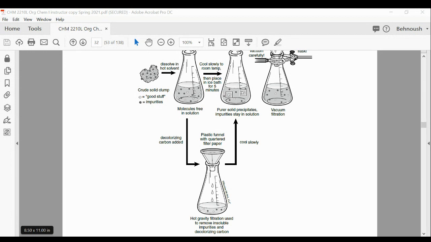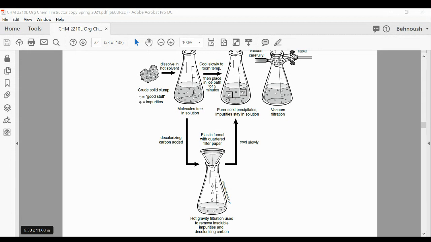So we can't use a cold system to put the hot solution because we get premature crystallization. So we do hot filtration to make sure that crystals do not form inside the filter paper. So when we have the solution, we are going to cool it to room temperature and then place it in ice.